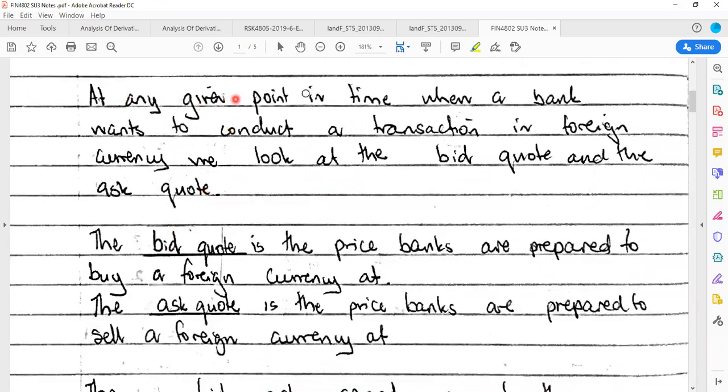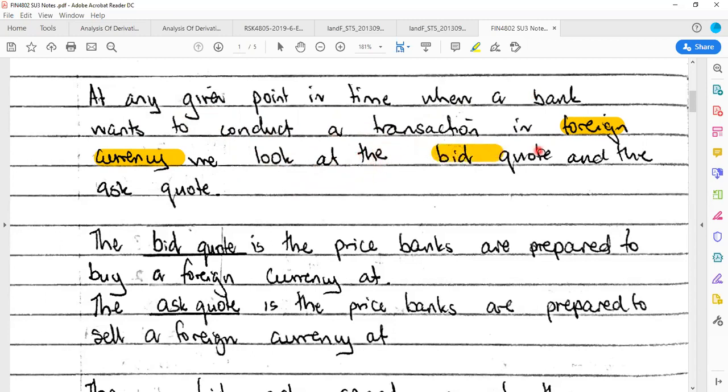So at any given point in time, when a bank or any other financial institution wants to conduct a transaction in foreign currency, we look at 2 values. The bank will have 2 values that they need to look at.